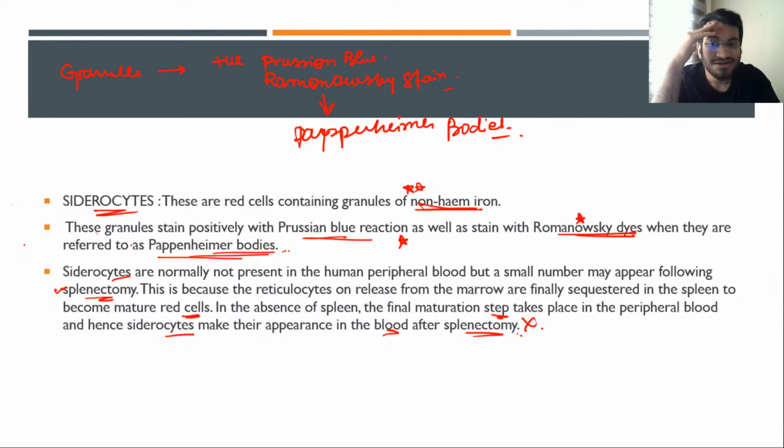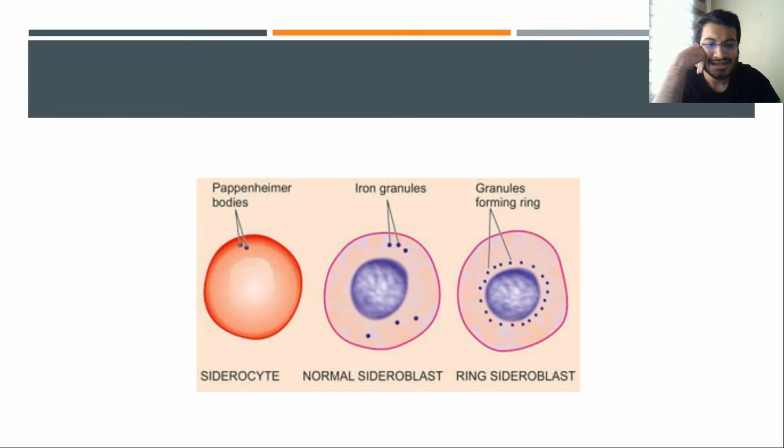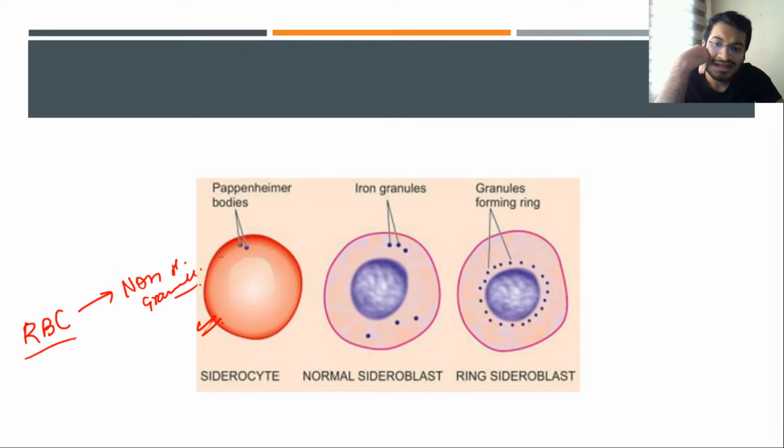right? So siderocytes are the red cells that contain the granules of non-heme iron. So this is a siderocyte. This is an RBC that is having a non-heme iron granule, and this is positive with the Romanowski stain and Prussian blue, और इसको हम Pappenheimer bodies कहेंगे.